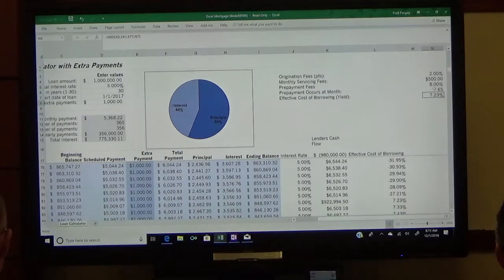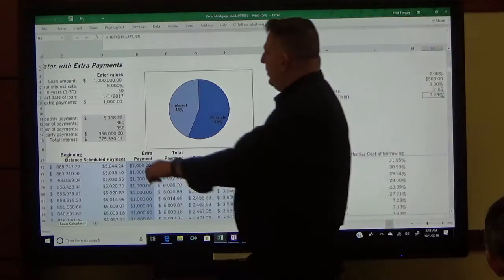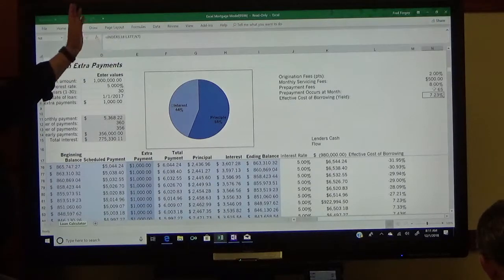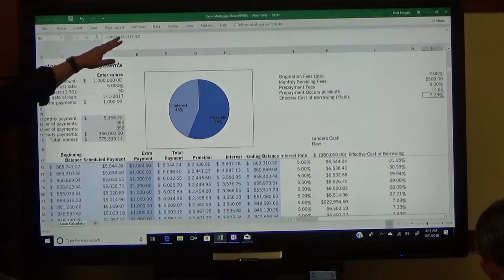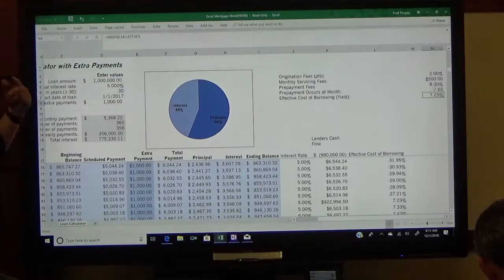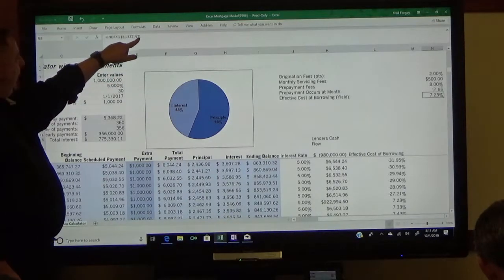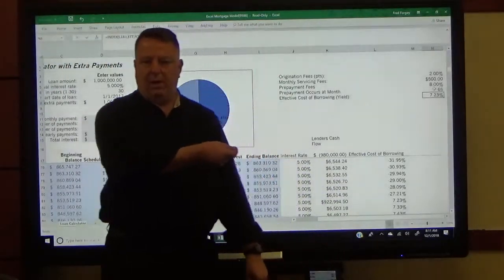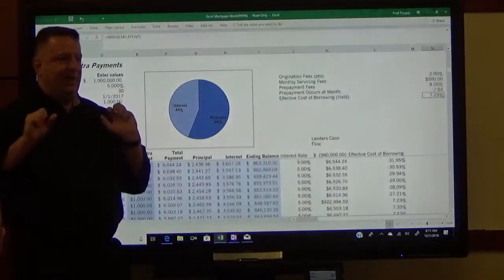Now, all Excel is doing, if you look up here, is using this INDEX function, which we talked about in the modeling class. All it's basically saying is, look down in this column of data to the 60th month, and then give me that number.